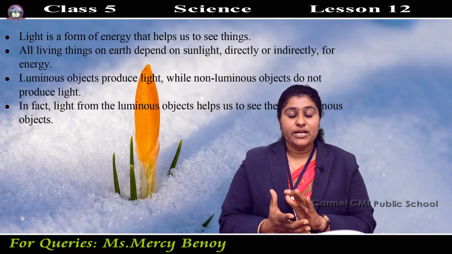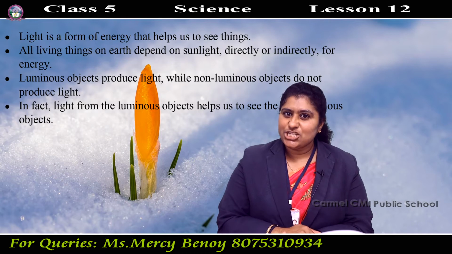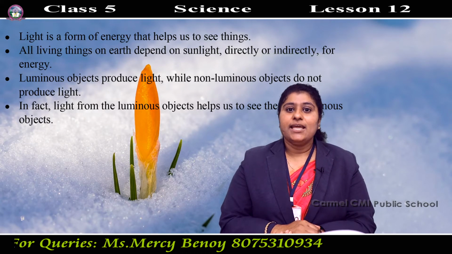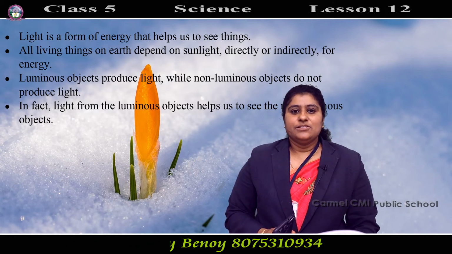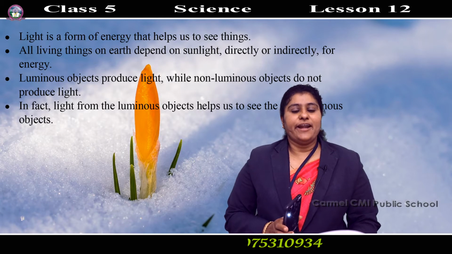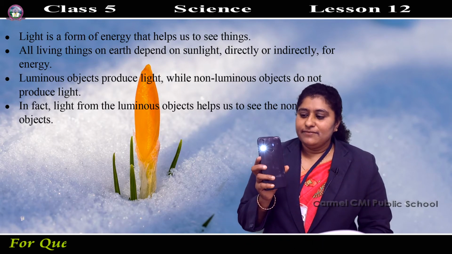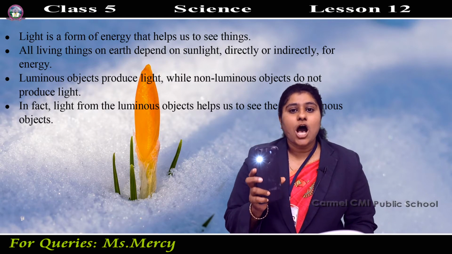Luminous and non-luminous objects can be natural or man-made. Sun is a natural luminous object, but torch is a man-made luminous object. So, can you say which are the different examples of luminous objects? See this here, it produces light, so it is a luminous object.